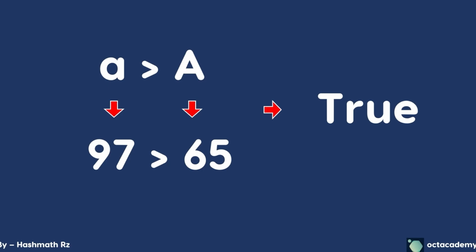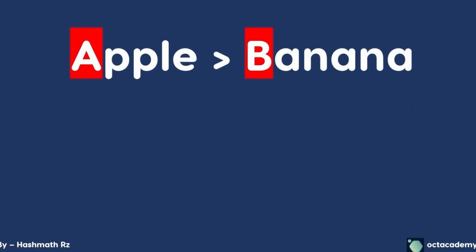Guys, before we move on, we have another situation here. Think if the comparison values are string words, not letters like the previous. So as the first string value we have Apple with capital A and the second string value is Banana with capital B. In this case, JavaScript will convert the first letter of each word to its corresponding Unicode value and then perform the comparison.